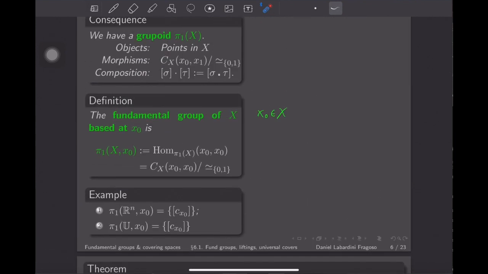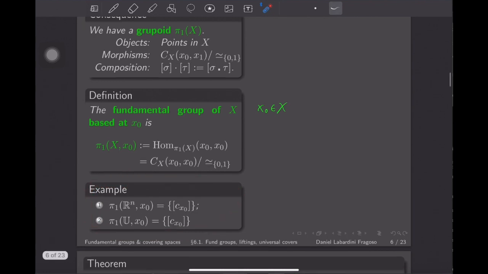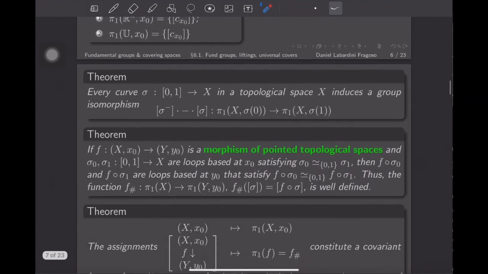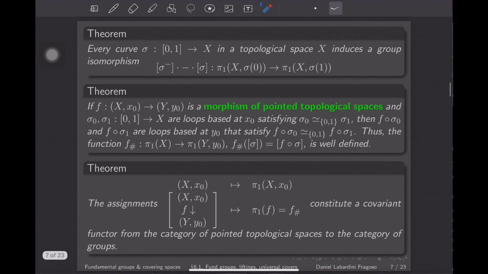And yeah, this I leave you as an exercise. This is not hard. And then here our first theorem, what it does is it compares the fundamental group based at different points.